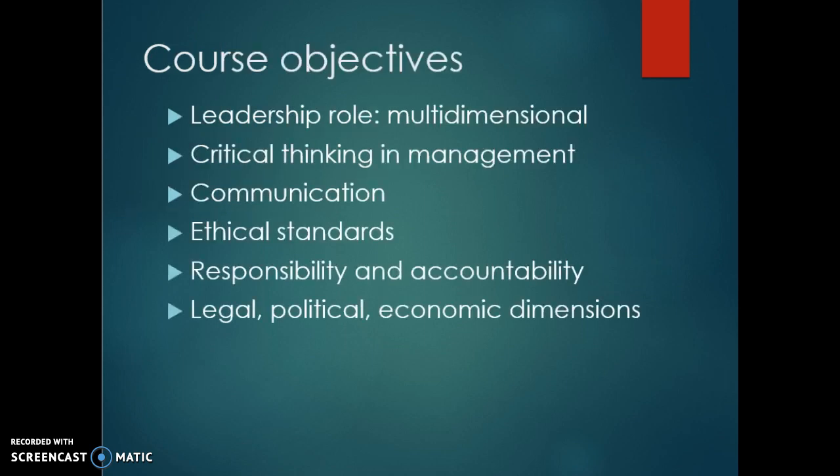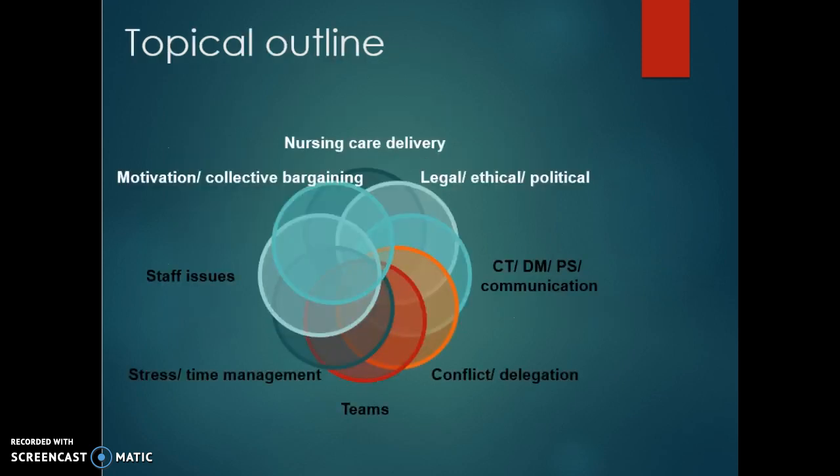These are the course objectives, which are all, of course, in the syllabus and very closely aligned with the textbook and things that you will see within the course makeup. These are just some of the typical things that we're going to cover.